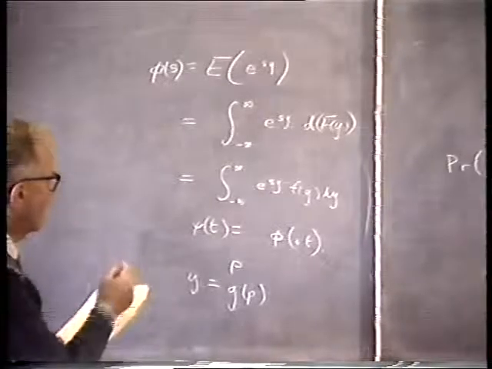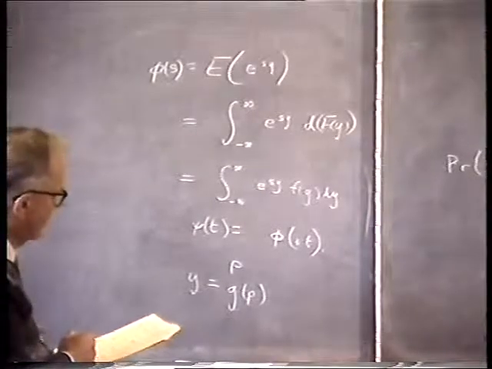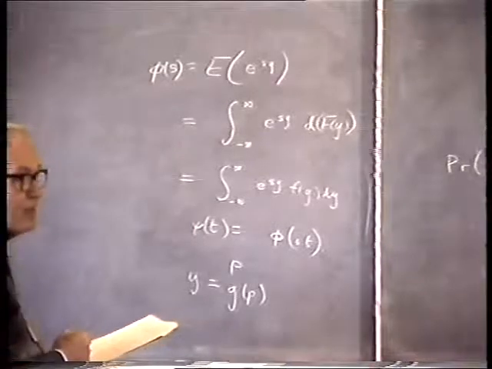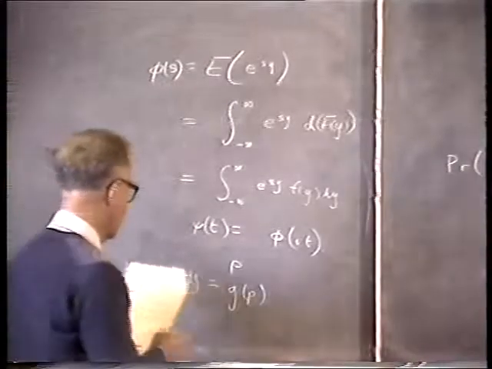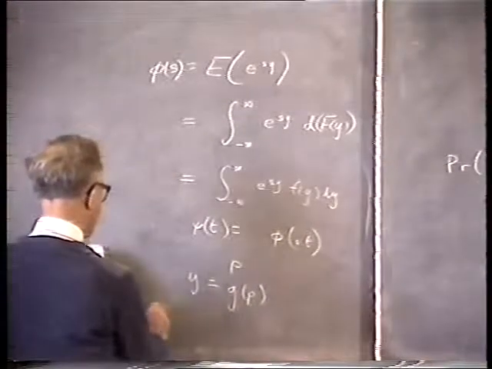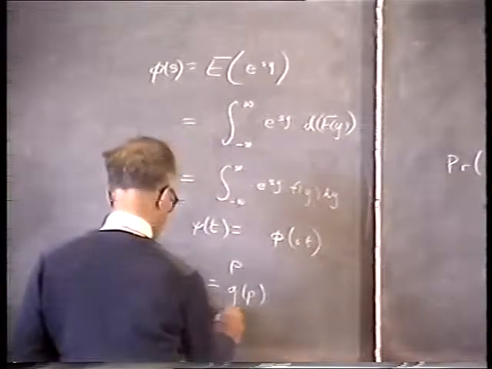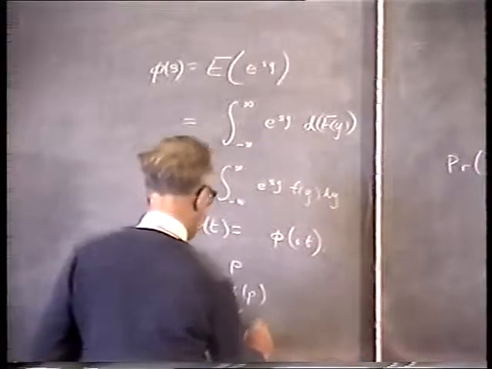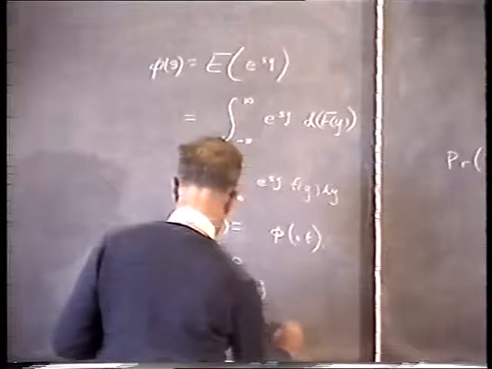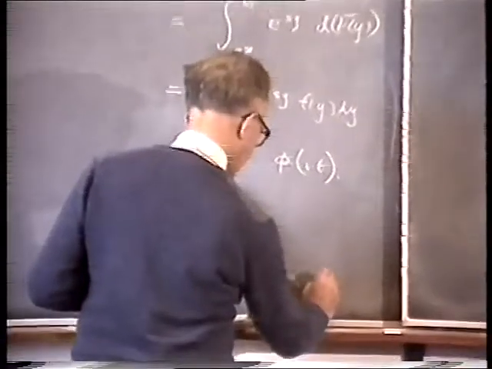In fact, I'm looking at the scalar case at the moment, so g is just a simple scalar function of p. Well, of course, if we're going to define phi of s, we're going to simply take it as the expectation of e to the s g of p.